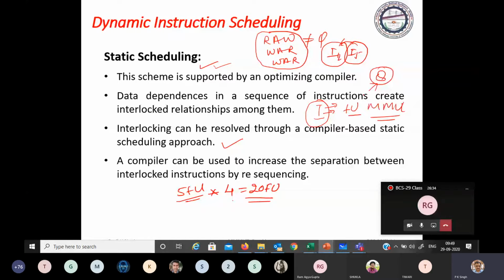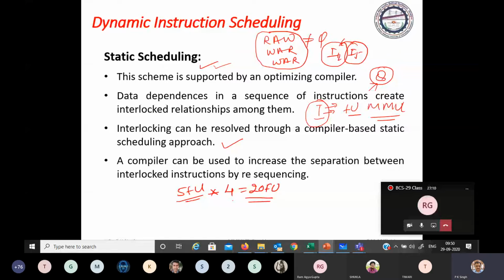What will the compiler do? The compiler will do nothing. Okay. Similarly, suppose you are doing multimedia or floating point operations and very few integer operations, then it may be that we have 2 integer units on the processor, so most of the time the integer unit is idle.